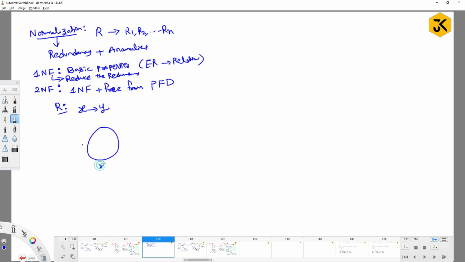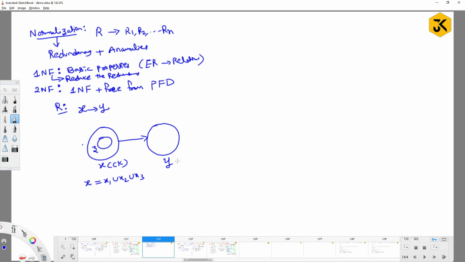For example, X may contain X1, X2, X3. If X can determine Y, this is okay, right? But if a part of it, assuming Z, can determine Y, I call it a partial functional dependency, right?